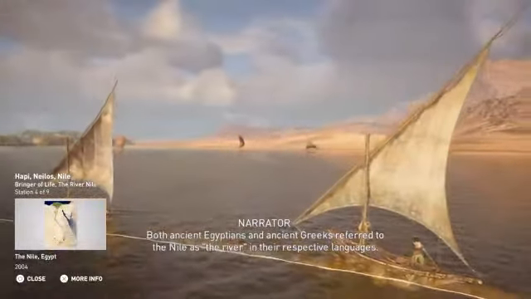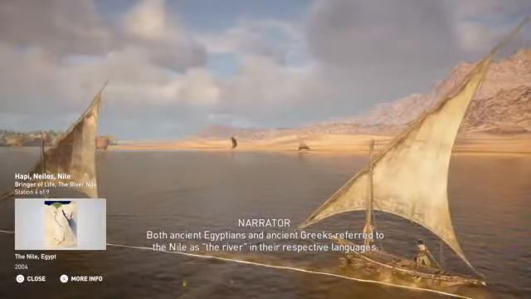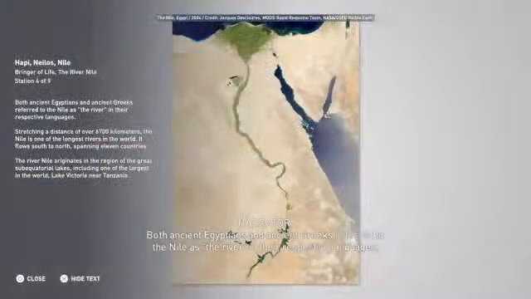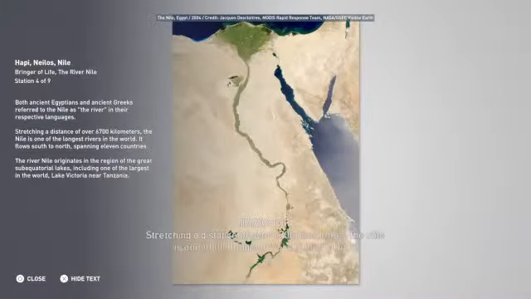Both ancient Egyptians and ancient Greeks referred to the Nile as the river in their respective languages. Stretching a distance of over 6,700 kilometers, the Nile is one of the longest rivers in the world. It flows south to north, spanning 11 countries. The River Nile originates in the region of the Great Subequatorial Lakes, including one of the largest in the world, Lake Victoria, near Tanzania.